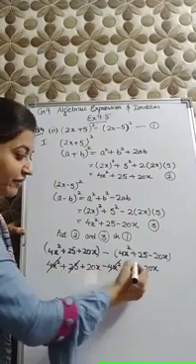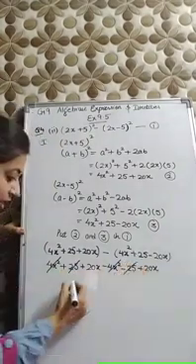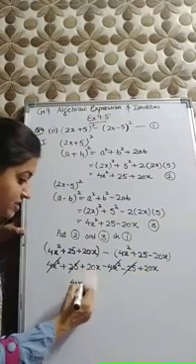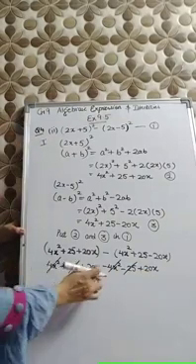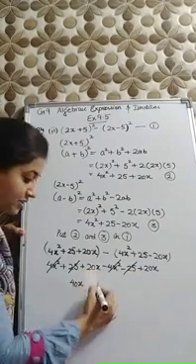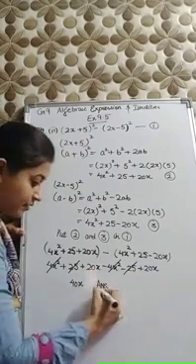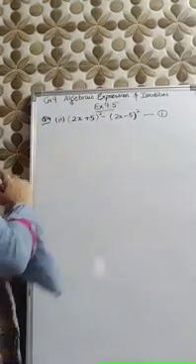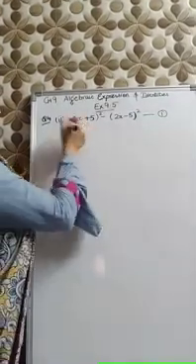Plus 25 and minus 25 will cancel out. This will give you 20x plus 20x, that is 40x. Both these are like terms, so we add them and get the answer as 40x.